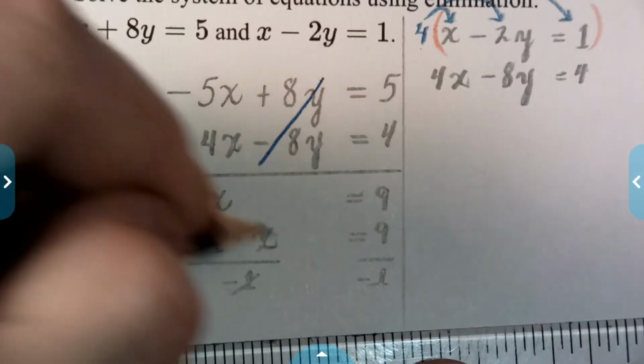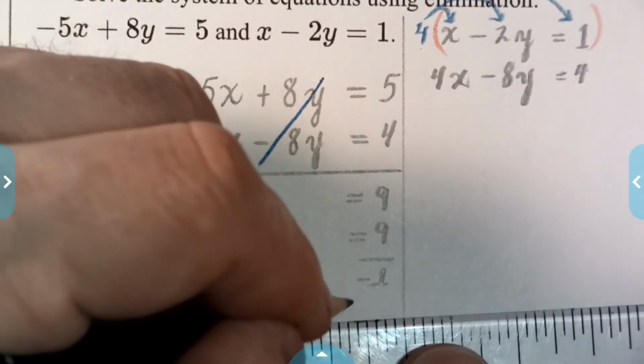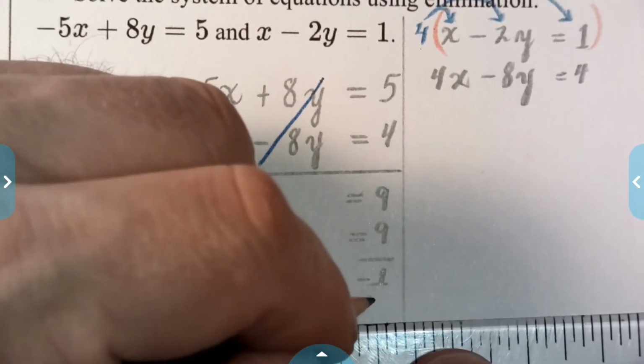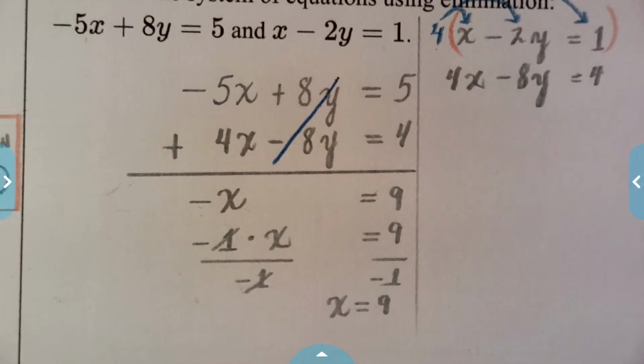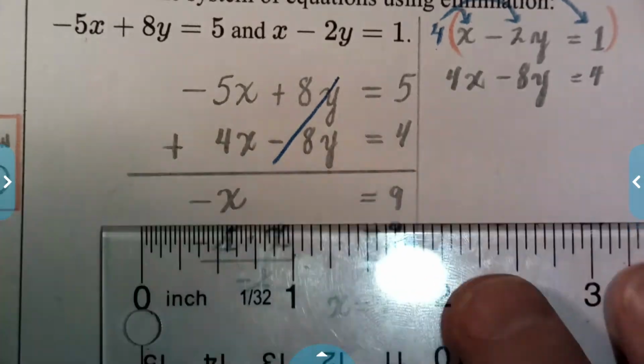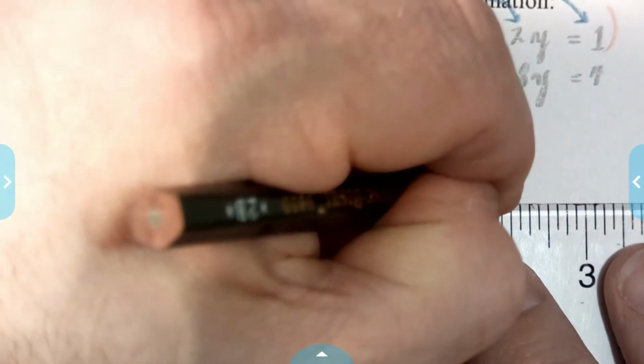Okay, and I'll get x equals negative 9. So I found part of my solution, didn't I? So here's my solution.